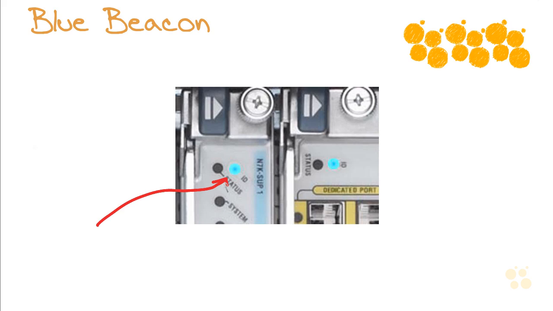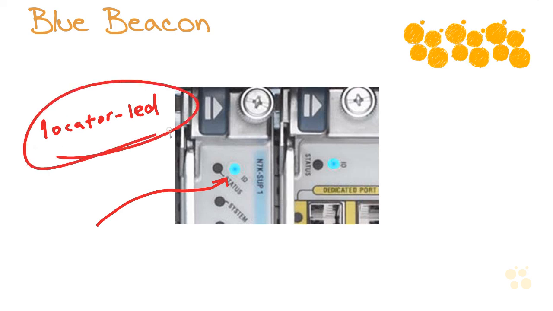So in order to flash the LEDs on a hardware entity or to flash a single port LED on a module, you can use the command at the command line locator-led. So check out the context sensitive help with locator-led.